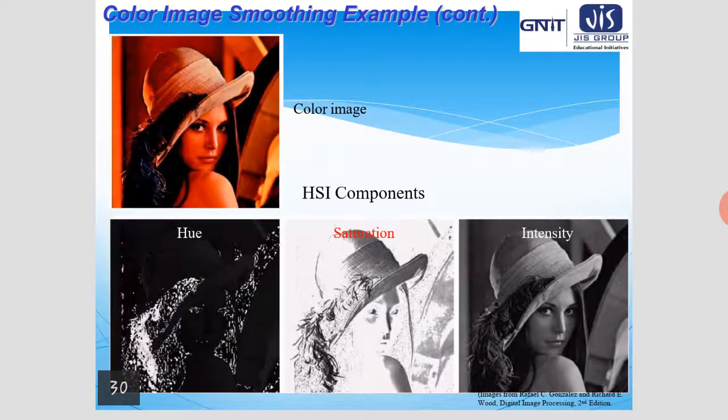Now if we consider the HSI components, here we can see the color image smoothing examples. The first image represents the original image, and the other three images represent the hue, the saturation and the intensity of the HSI components of the equivalent color image.